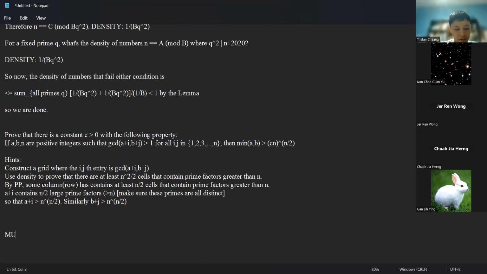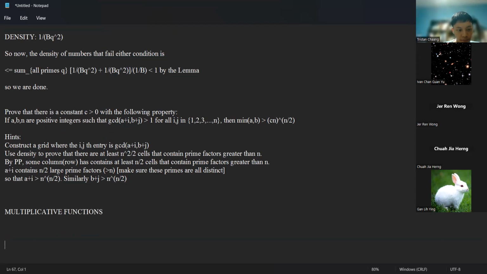Let's talk about multiplicative functions. So does anyone remember what multiplicative functions are in number theory? Anyone remember what this is?